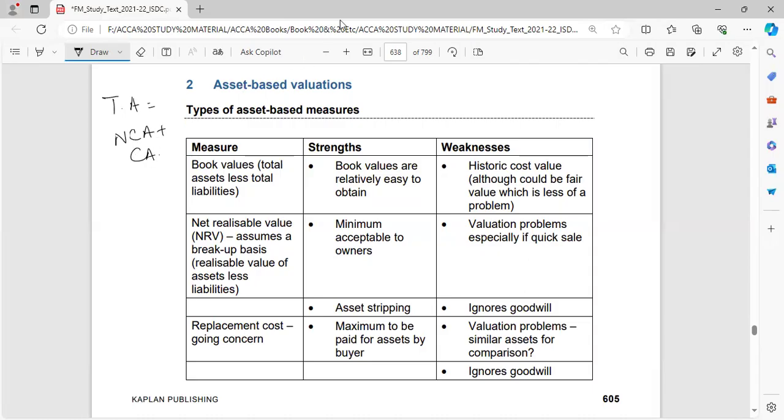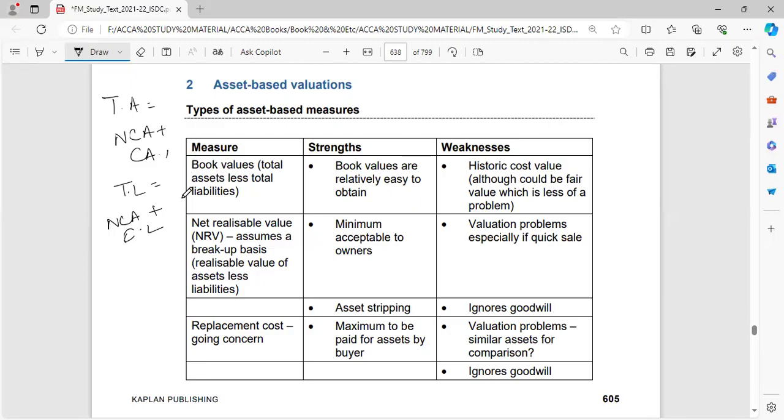So while reading the question, read or find non-current and current assets quite carefully. And the other one is called total liabilities. Total liabilities includes what? Total liabilities includes non-current liabilities and current liabilities. At times, students make mistakes and they add equity and reserves in the non-current liabilities, which is an incorrect approach.